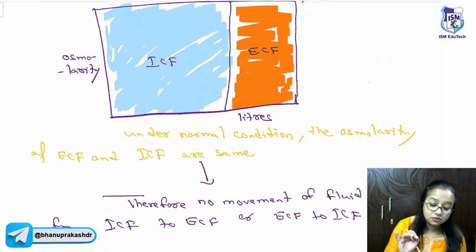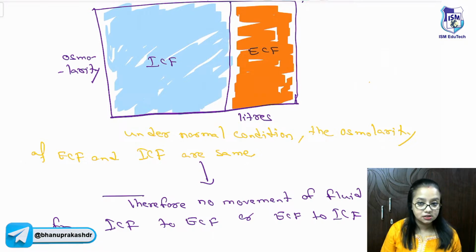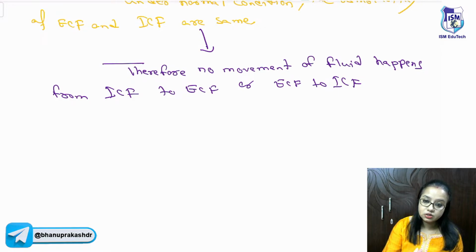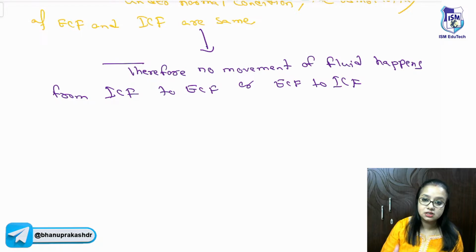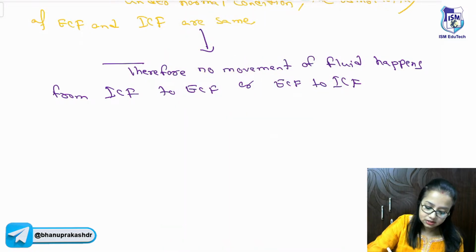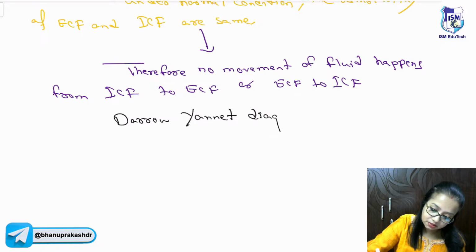This concept is very important clinically to understand the criteria needed for infusion in different clinical conditions. So, with a few examples, we will understand the movement of fluid depending on the change in osmolarity. Now, this concept is explained by the Darrow Yannet diagram.